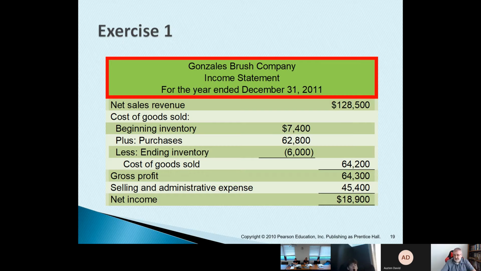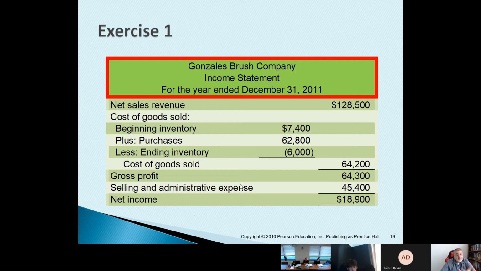Sometimes we roll it all up together. So the selling, that's the cashier and the people on the floor selling stuff. The general administrative expenses goes to the manager for the store. Goes to the gas and the electric and everything in order to light the store and heat the store and all of those things that we have to do.